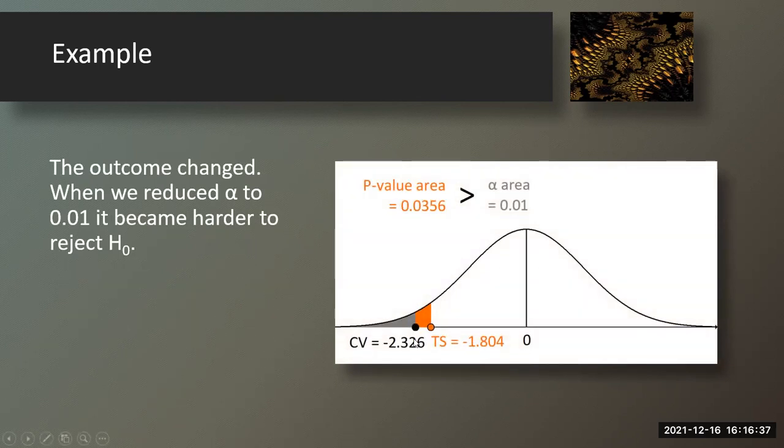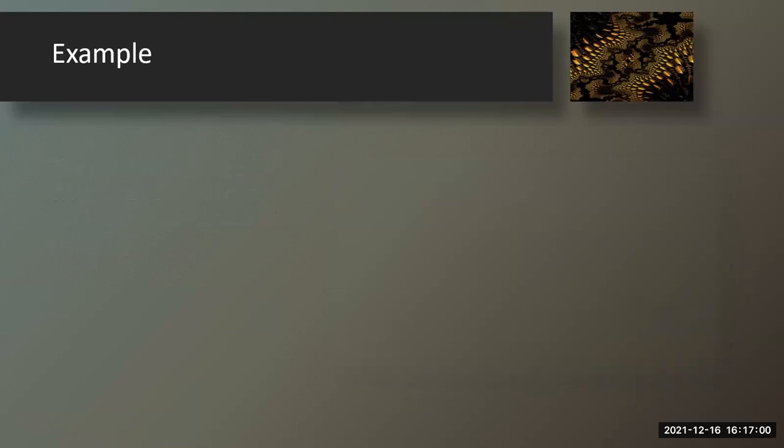So I took the liberty of putting in a picture of the distribution. I've got my alpha 0.01, that's the gray over here, and then we've got our p-value area of 0.0356. You can see that this area here is bigger than the rejection region. So we fail to reject the null hypothesis in that regard.